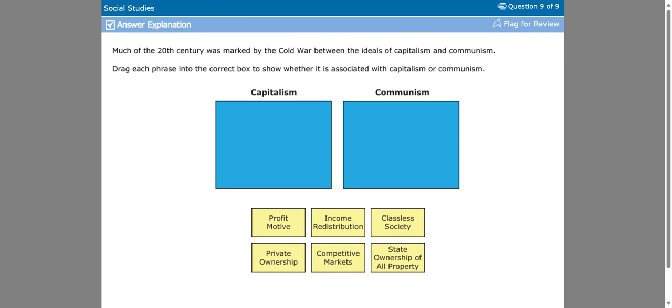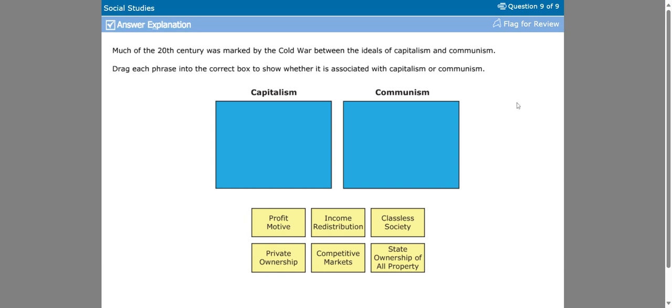Now for question number 9. Notice, right, writers, how we have very little information, and we're asked: much of the 20th century was marked by the Cold War between the ideals of capitalism and communism. Drag each phrase into the correct box to show whether it is associated with capitalism or communism.